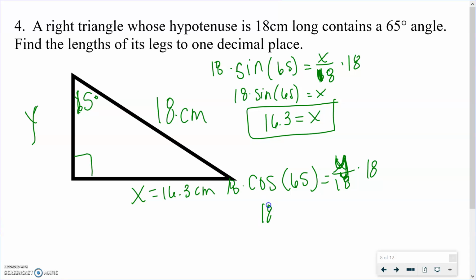So 18 times the cosine of 65 equals y, and that's going to be about 7.6 centimeters for y. Sorry, my pen's not registering on my computer. All right. So again, it's just picking and choosing those parts that you're going to use.